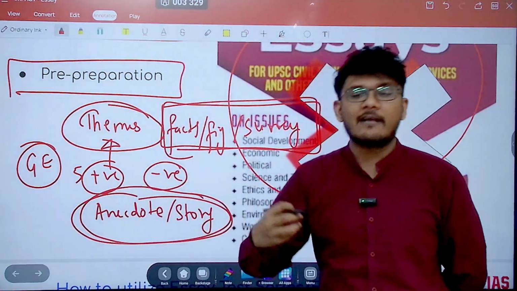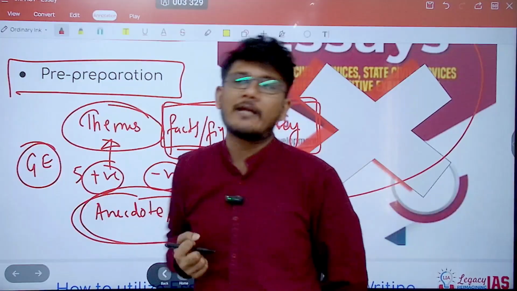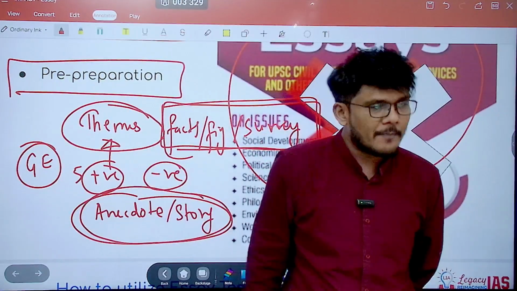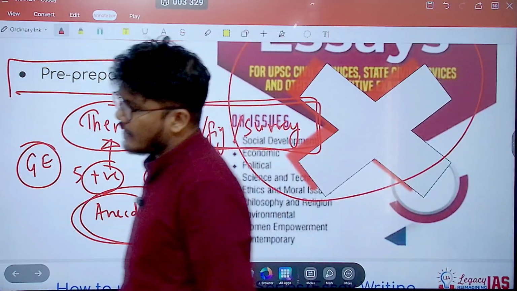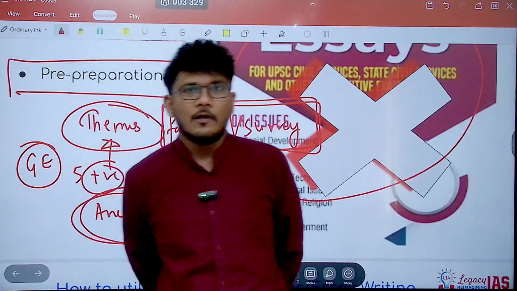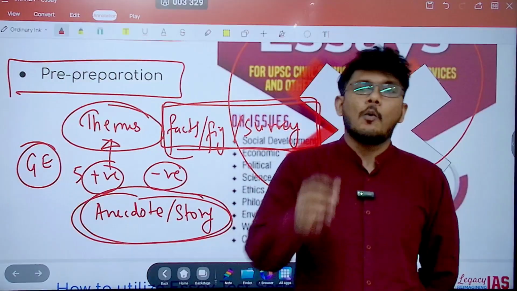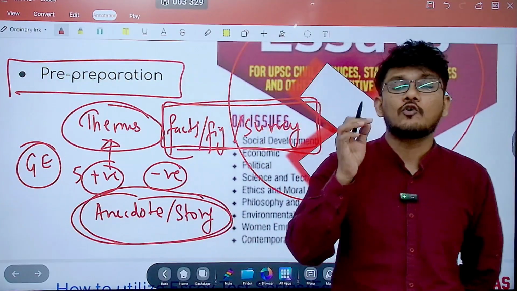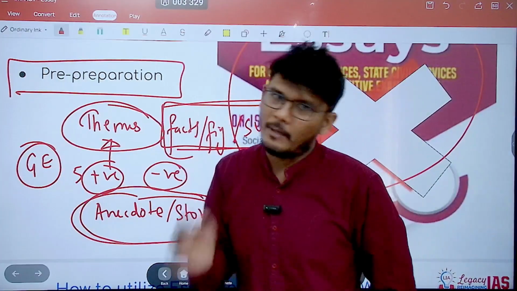But in an essay there will be more elaboration from your end. So if you are writing, for example, in a GS paper a sentence like "India has 20% child hunger," instead you can mention here: one in every 5 children in India goes to sleep on an empty stomach.